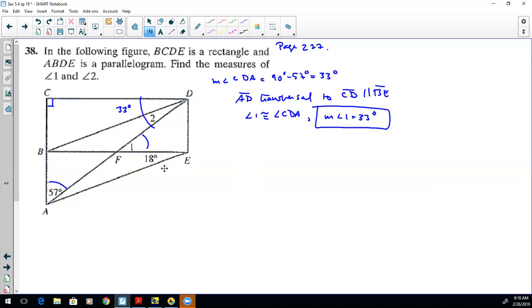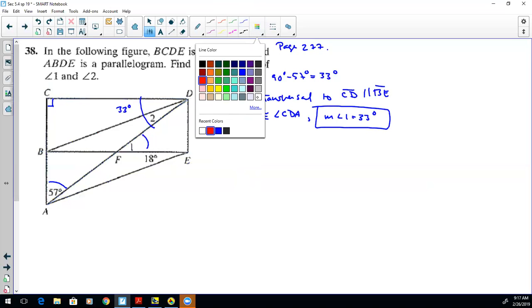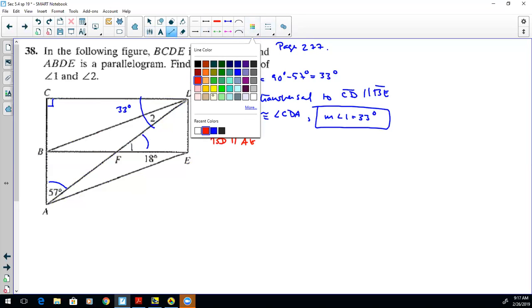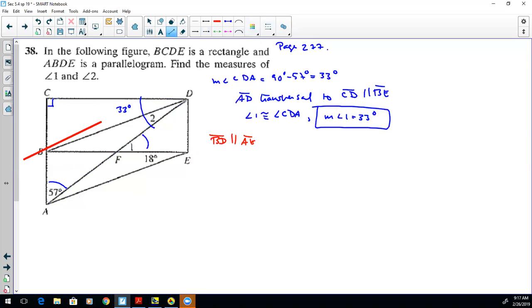So there's angle 1. Now to get angle 2. And let's switch to a different color here. We're working on angle 2. We know that BD is parallel to AE. Right? Okay. So this guy is parallel to this guy.